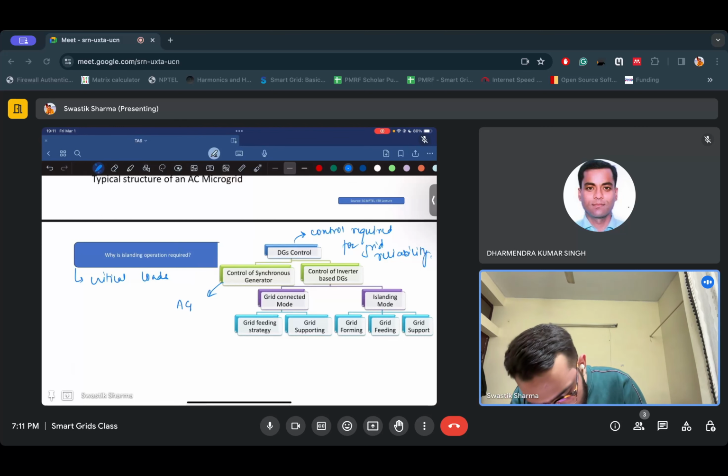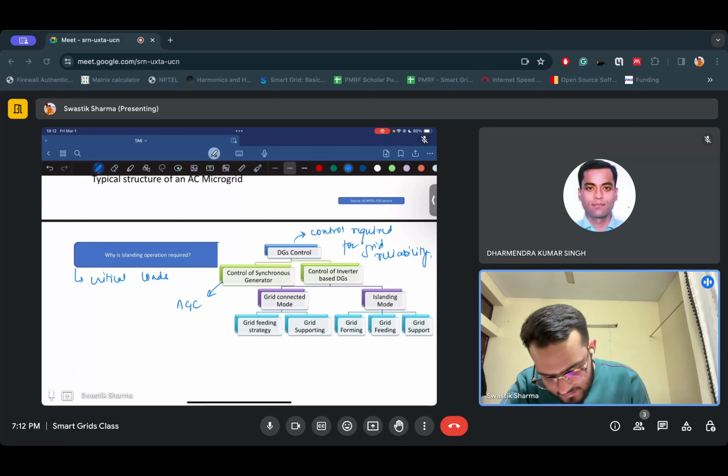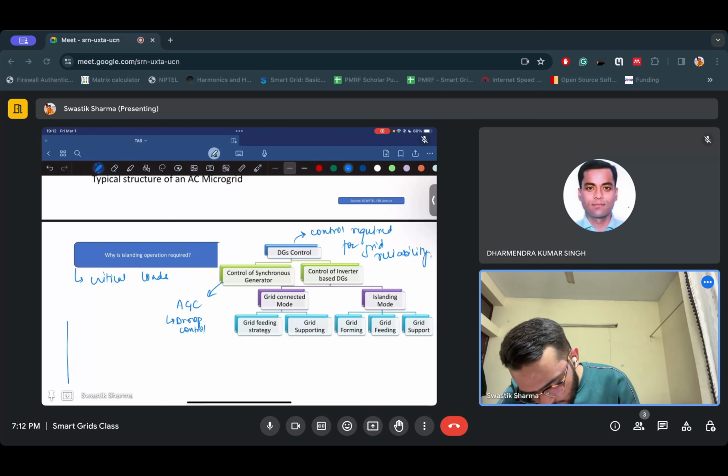There is one thing called AGC, which is automatic generation control. This automatically controls the speed of synchronous based DERs to match the load at all times, and implements droop control as well. So in droop control, your power versus frequency curve is something like this.